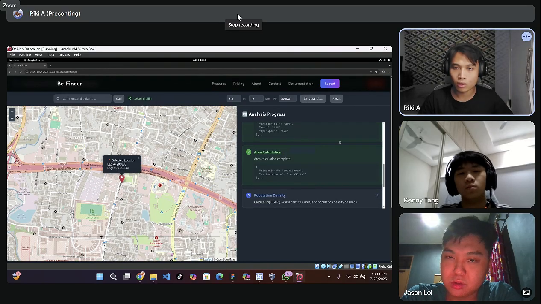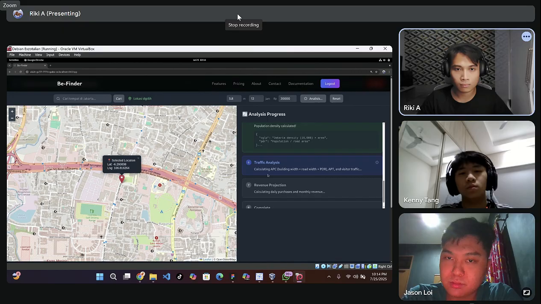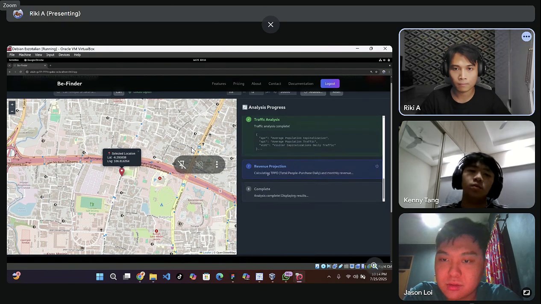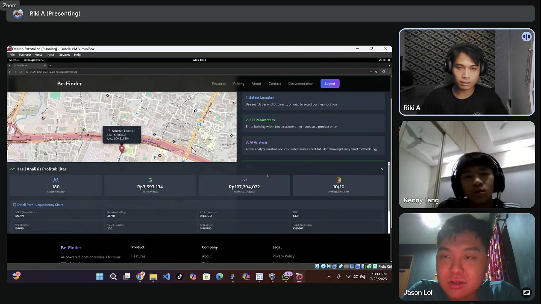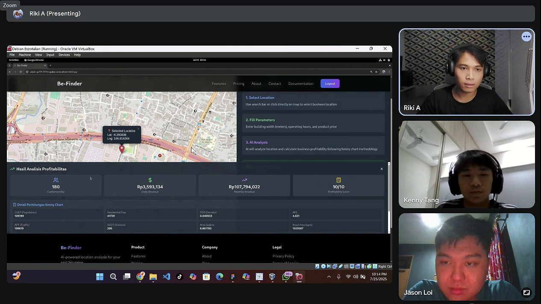Here's the analysis progress. It shows the progress step by step. After the analysis is done, we can get the data. Here's the profitability analysis.